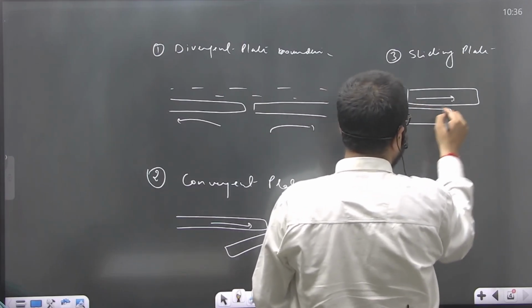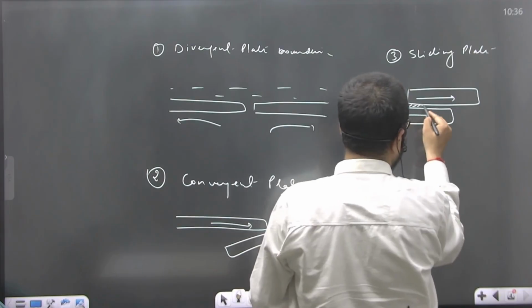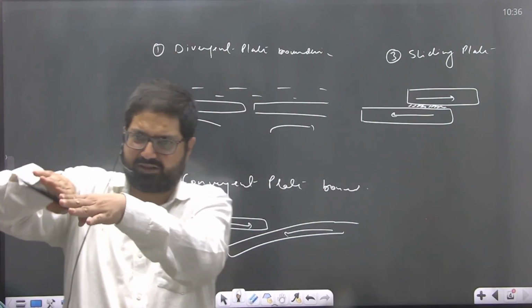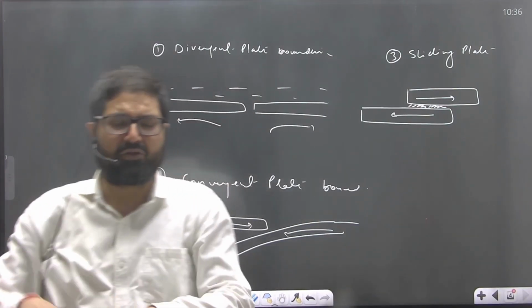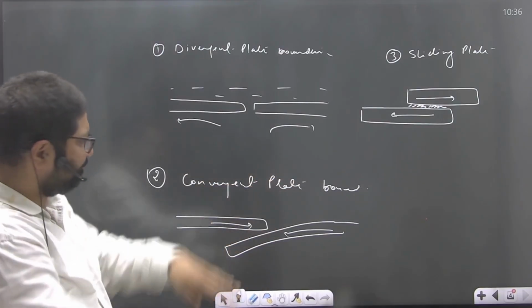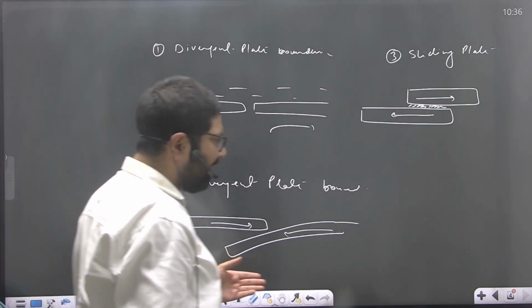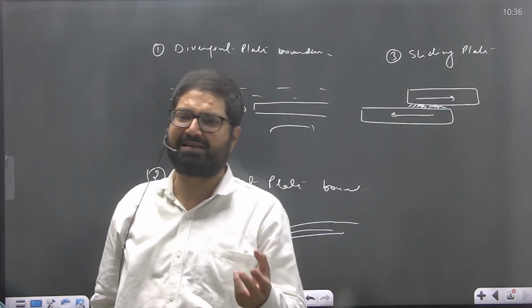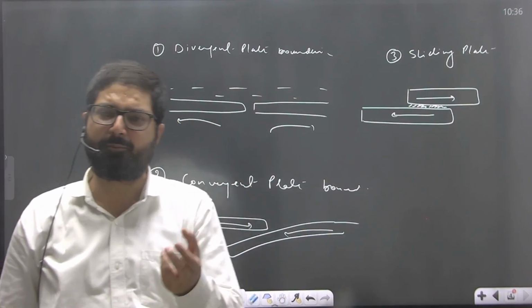Neither is the plate created nor destroyed. है ना? They are sliding, moving in parallel and opposite direction. So let us see how plate movement brings about changes in the shape and size of continents and ocean basins.